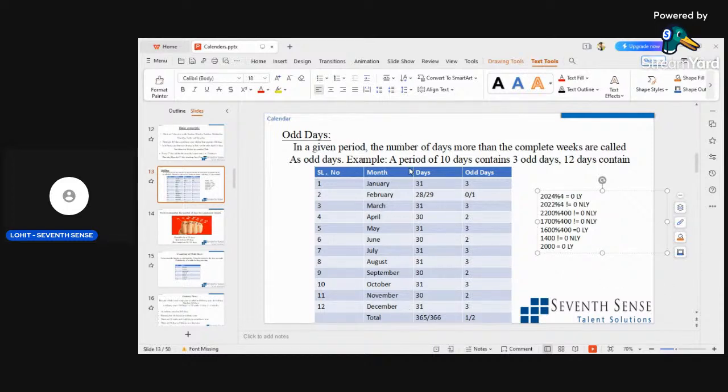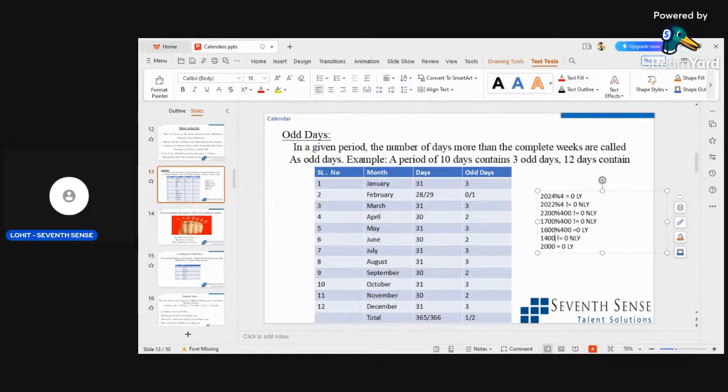So why is this important? Because we are going to find out the odd days for years. Right now we have calculated for 2024, meaning for the year 2024 we got 2 odd days by calculating for all the months.